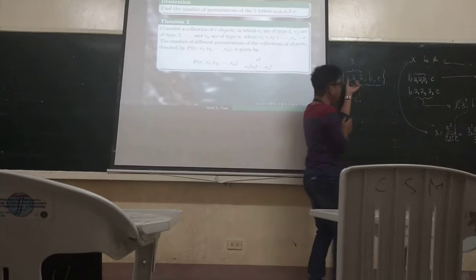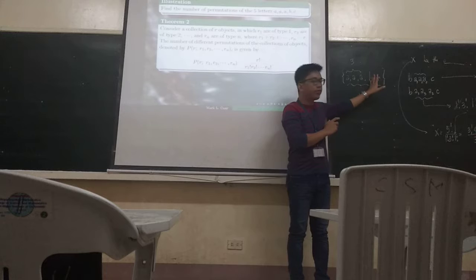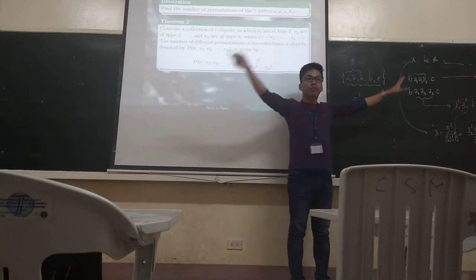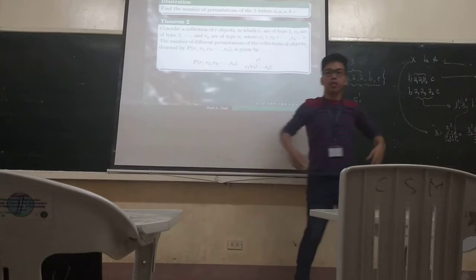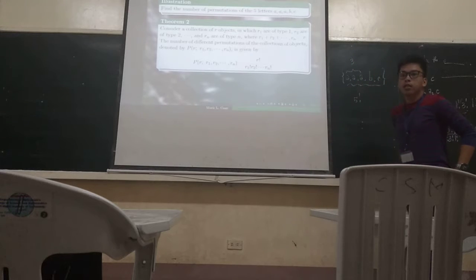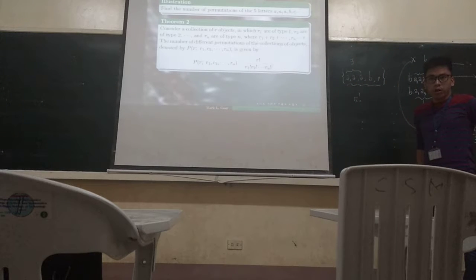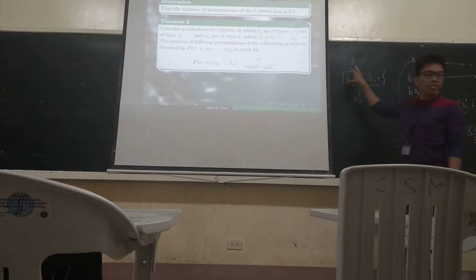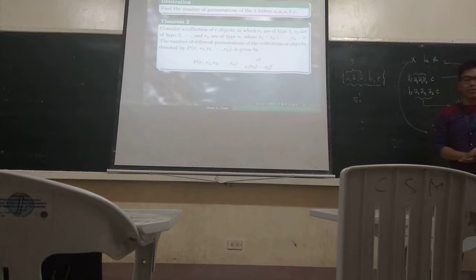Suppose this is R sub 1, this is R sub 2, and this is R sub 3, out of the entire set. This example is like the plate and shooting problem. I think it's problem number 48. Yes, this is the answer to your problem here.